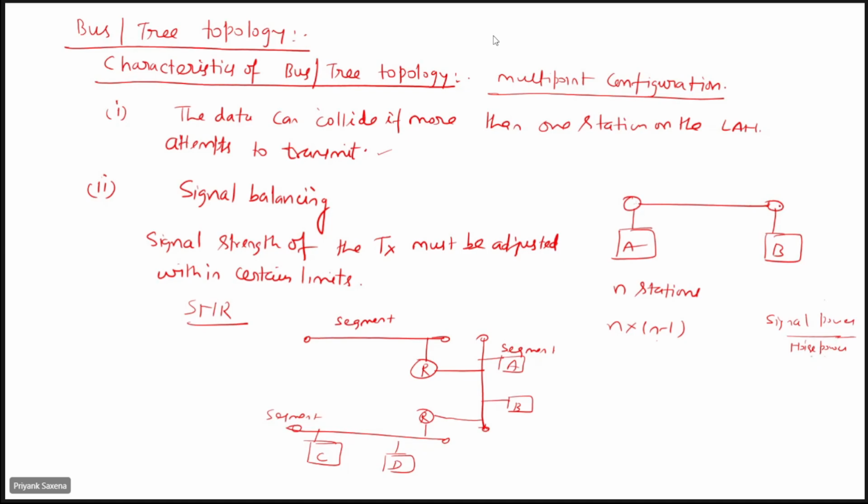That should not happen, right? And the second thing is that the signal strength should not be too high, because if it is too high, it will introduce non-linearity in the receiver circuitry, and because of that, delay distortion and similar things occur, right?